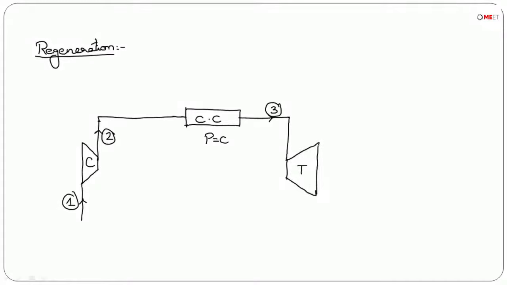Now in this turbine the air gets expanded, and after expansion also, as we know that T4 temperature is greater than T2 temperature, this air that is coming out from the turbine is having a higher temperature compared to the temperature at the entry to the combustion chamber, or from the exit of the compressor. So what we are going to do is, in order to utilize this temperature, we will be using a device called regenerator here.